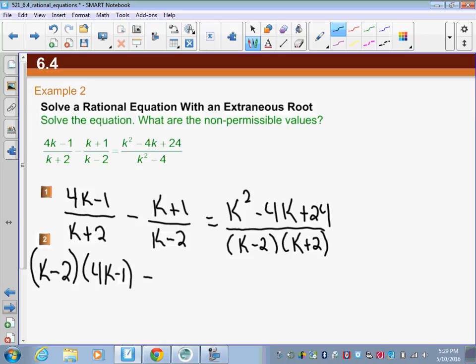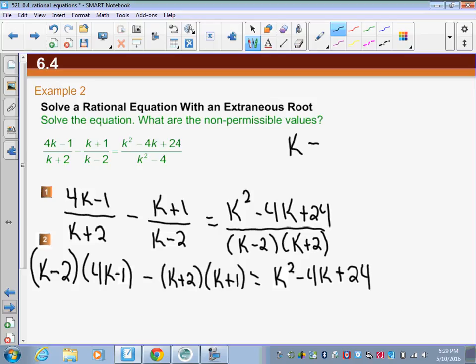And this piece is missing a K plus 2, so I'm going to multiply that by K plus 1. And this one doesn't have anything missing, so the denominators will just cancel, and you'll be left with just the numerator. All right. At this point, we should have stated our non-permissible, so K is not allowed to be plus or minus 2.